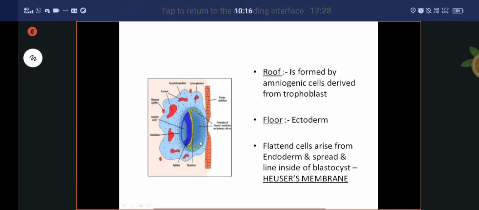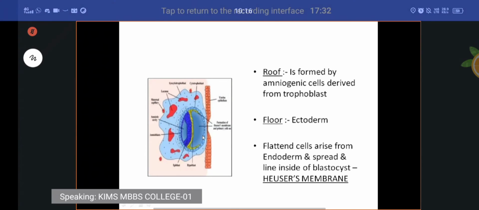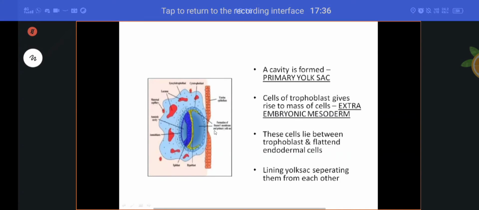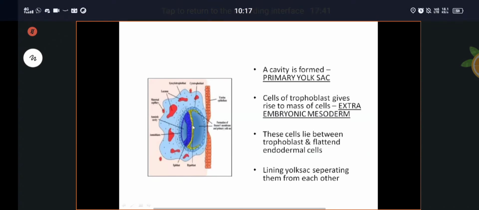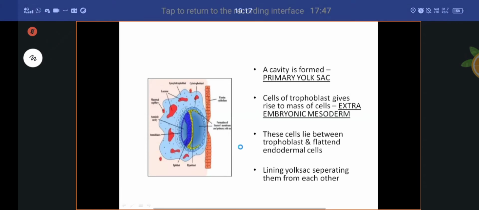This membrane is called Heuser's membrane. Like that, the cavity formed over here is called the primary yolk sac. And the cells of the trophoblast give rise to a mass of cells called extraembryonic mesoderm.